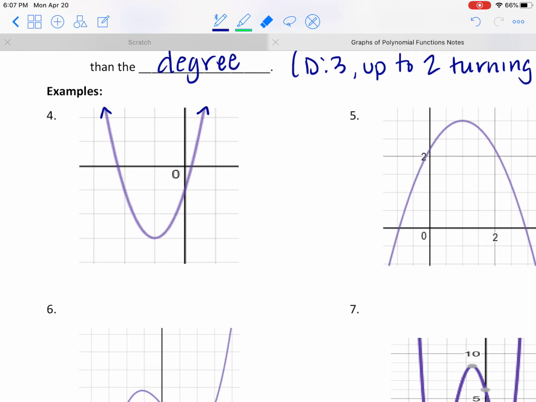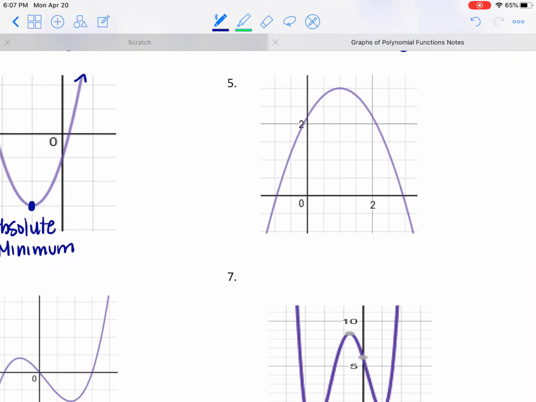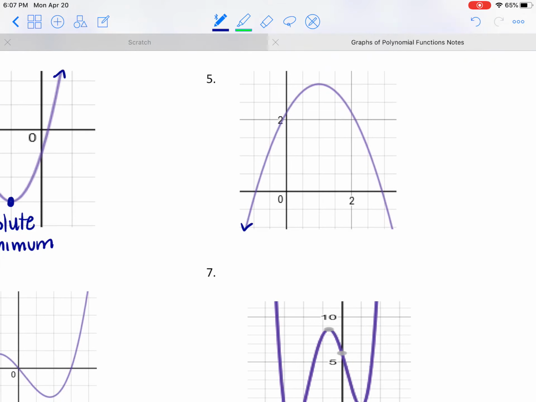Okay, so this is even and it's probably a degree of 2. Now, the focus on the back here was how to describe that turning point. So we have one turning point here on this graph, right here, this turning point, and it is the absolute lowest point on that graph. So we would call this vertex or this turning point an absolute minimum.